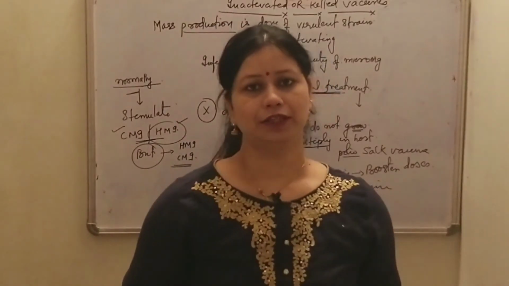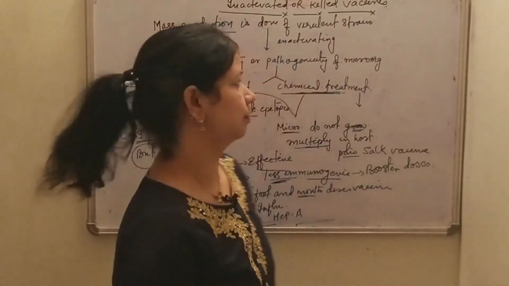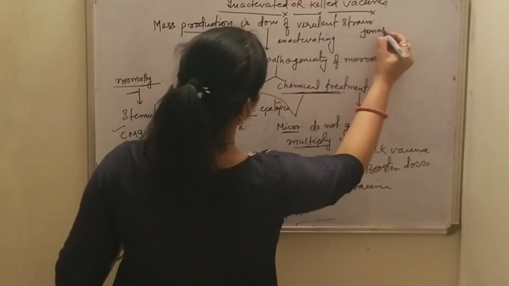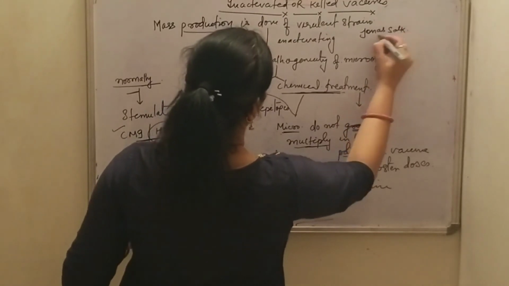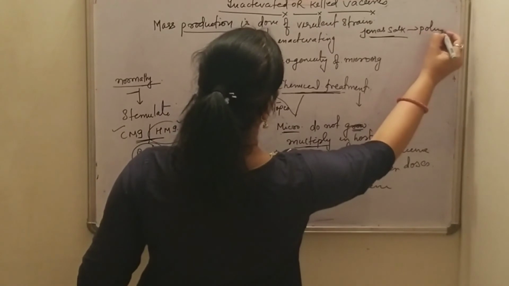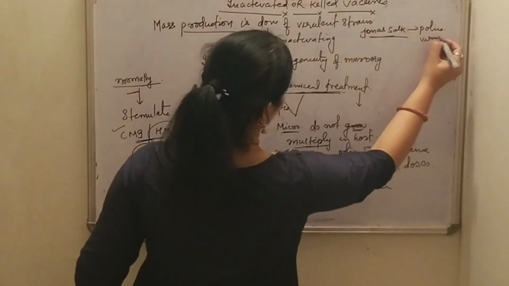Now I will give you some examples of these killed or inactivated vaccines. Jonas Salk developed a treatment for polio virus that led to the development of the vaccine that bears his name. And what was his treatment?